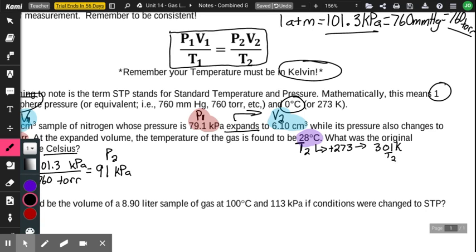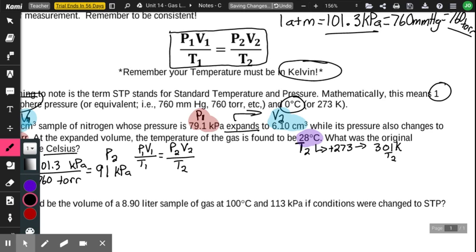Now, if you notice, we've got a change in our pressure, our volume, and or our temperature. With that change, that tells us we're going to be using the combined gas law. The combined gas law is P1V1 over T1 equals P2V2 over T2.